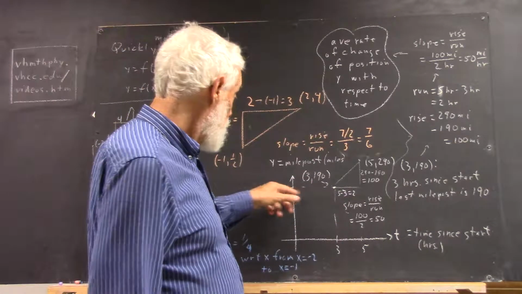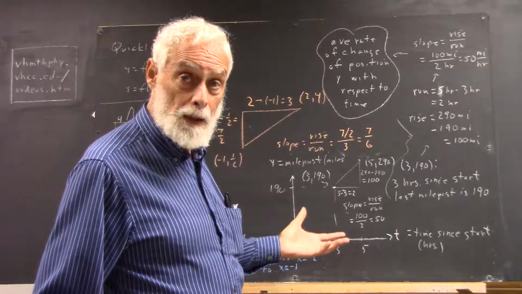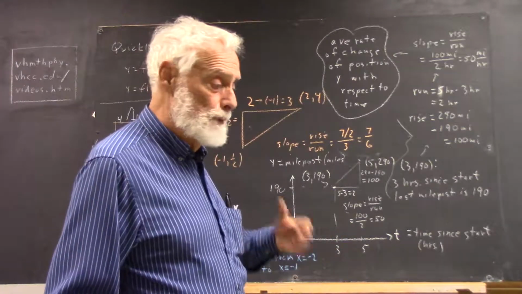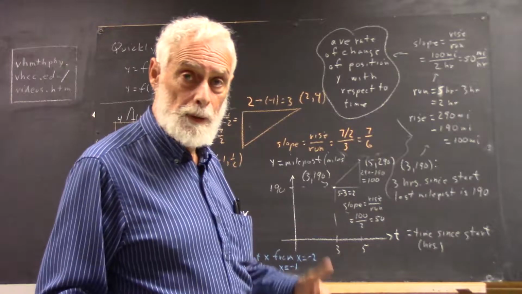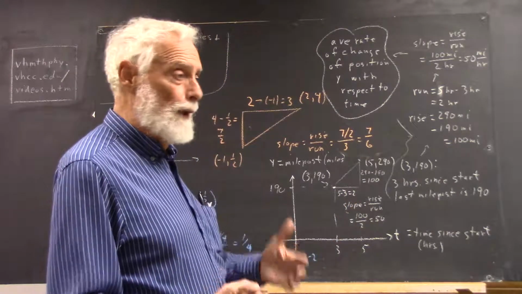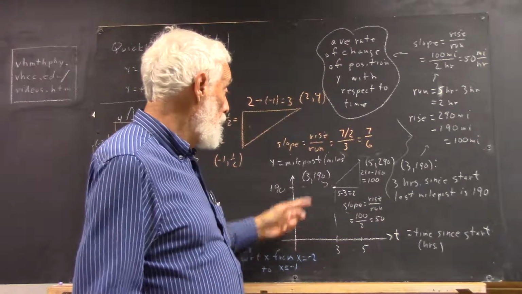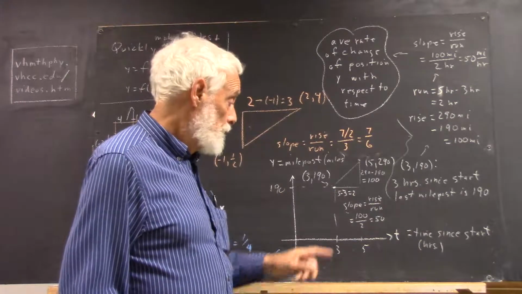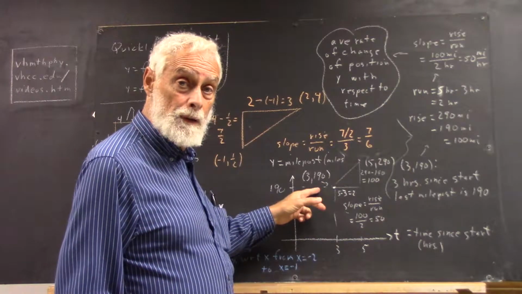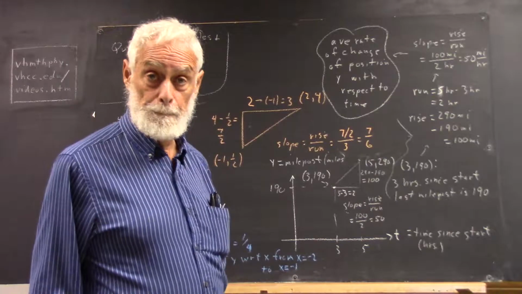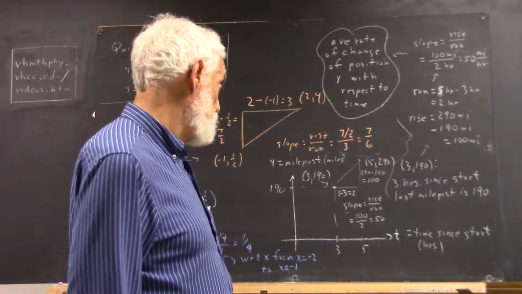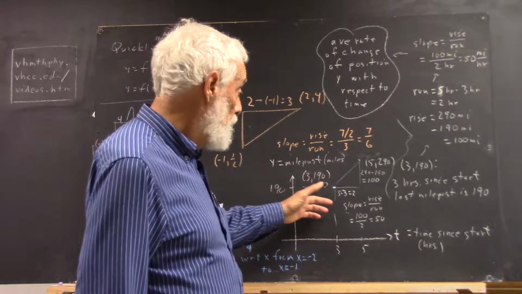Well, that's the last milepost you passed. So you're somewhere between the 190 and 191 milepost, but let's just say you've traveled to about mile 190. So in 3 hours, you're a little beyond mile 190. That's what (3, 190) tells you.